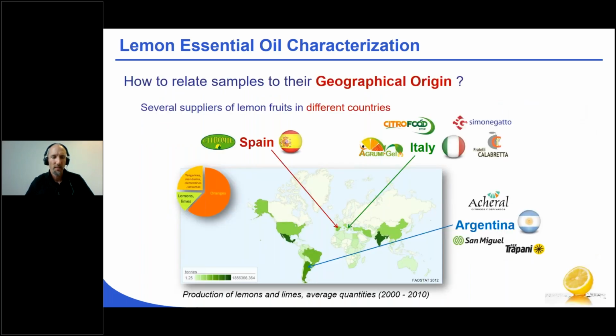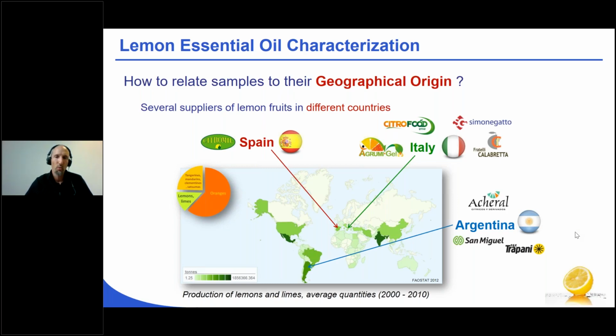So for that, they started a sample collection campaign, and we were really lucky to work with these samples that were collected in different countries in the world. You can see that they collected samples from Spain, Argentina, and Italy, and they also included different producers in each of these countries.